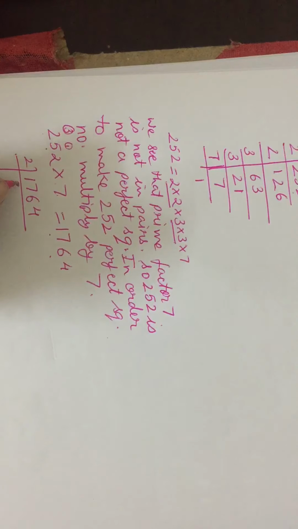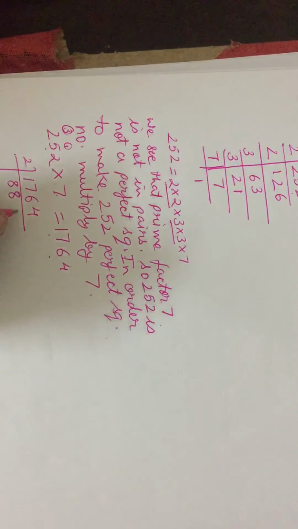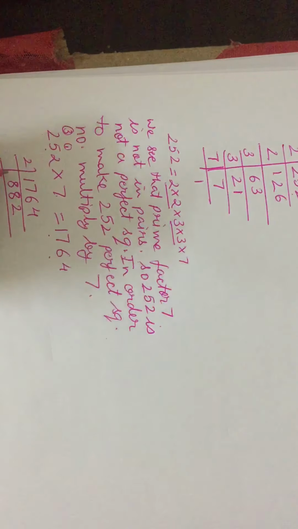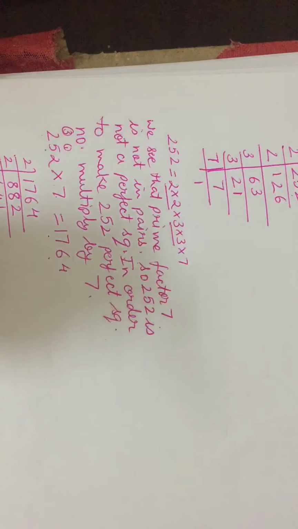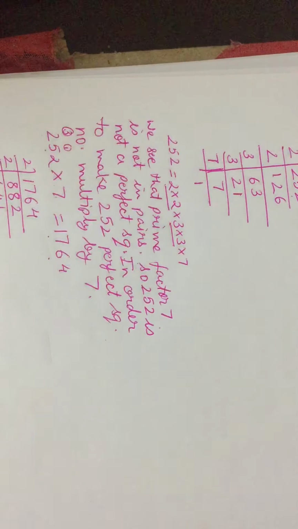2 eights are 16, 2 eights are 16, 2 twos are 4, 2 fours are 8, 2 fours are 8, 2 ones are 2. Now it will go by 3. 3 ones are 3, 3 fours are 12, 3 sevens are 21.